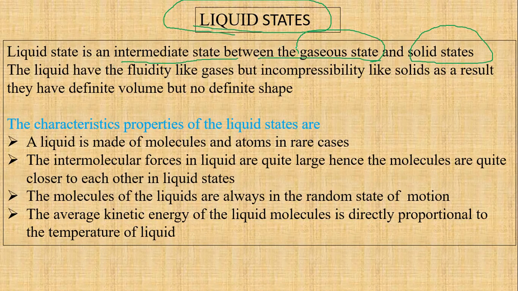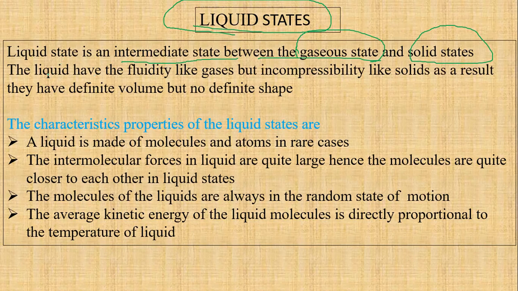Okay, or when gas is compressed that converts to liquid, and when again liquid is cooled, that converts to solid state. Okay, if you decrease the temperature of any liquid to a certain extent, that suddenly gets converted to the solid at a particular temperature. Okay, that temperature is called the freezing point of that liquid.